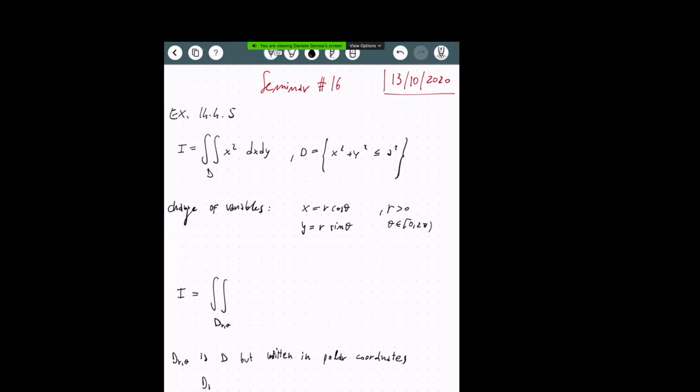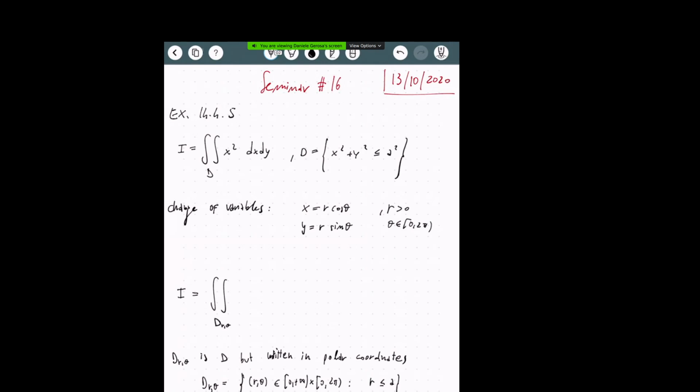Specifically, if you want, D is going to be equal to the set of the (r, theta) belonging to 0 to plus infinity times 0 to pi, such that r is less or equal than a. Right? So this is the disk.